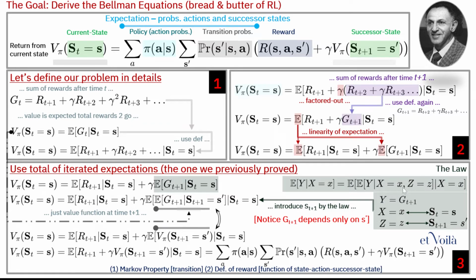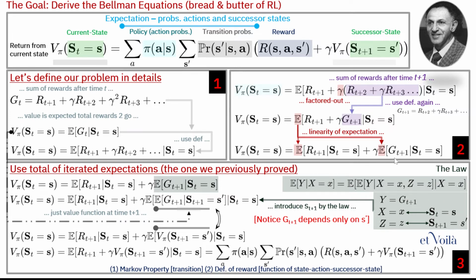Now all we're going to do is use this law inside this equation. We're going to call the random variable y in this equation G_{t+1}. We're going to call x just S_t equals s, so x equals x corresponds to big S_t equals s, which is this chunk here.